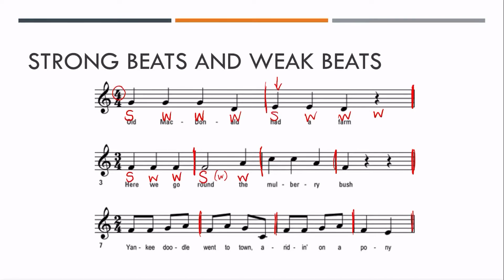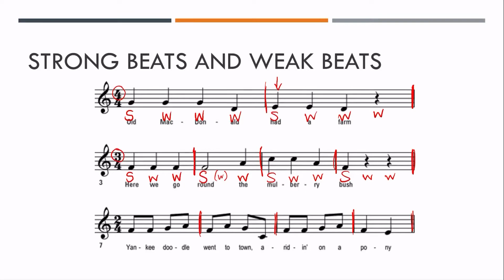And weak, strong, weak, weak, strong. Remember, weak beats count for rests too. Weak, weak. Now, how many beats do you see per measure there? Strong, weak, weak is 1, 2, 3 beats. And lo and behold, what do you see here? Keep that in mind for here in a second, okay?